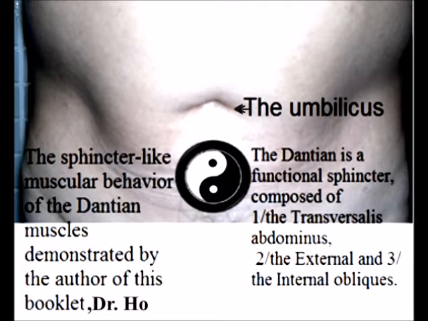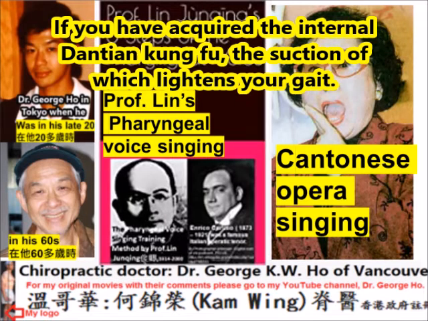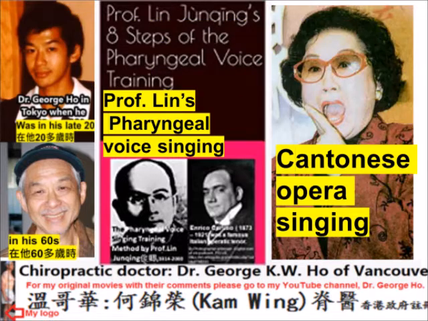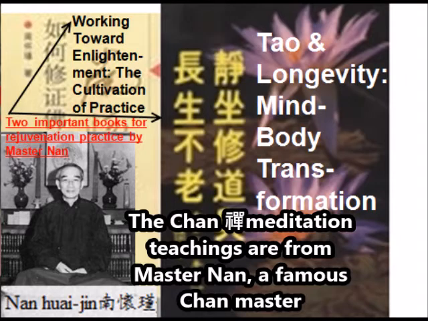If you have acquired the internal dantian kung fu, the suction of your dantian lightens the gait very much. I acquired my dantian from Cantonese opera singing and singing with the pharyngeal voice as taught by Professor Lin Zhenxing. The meditation part is from Master Nam's various teachings.